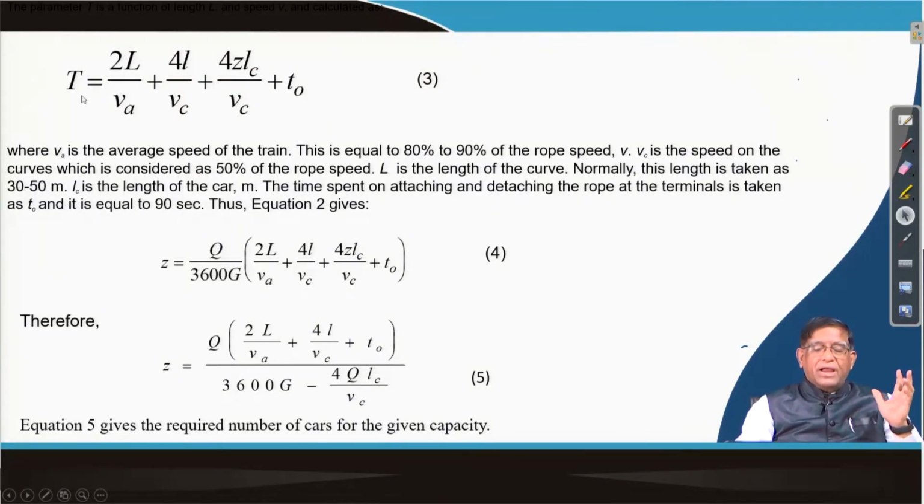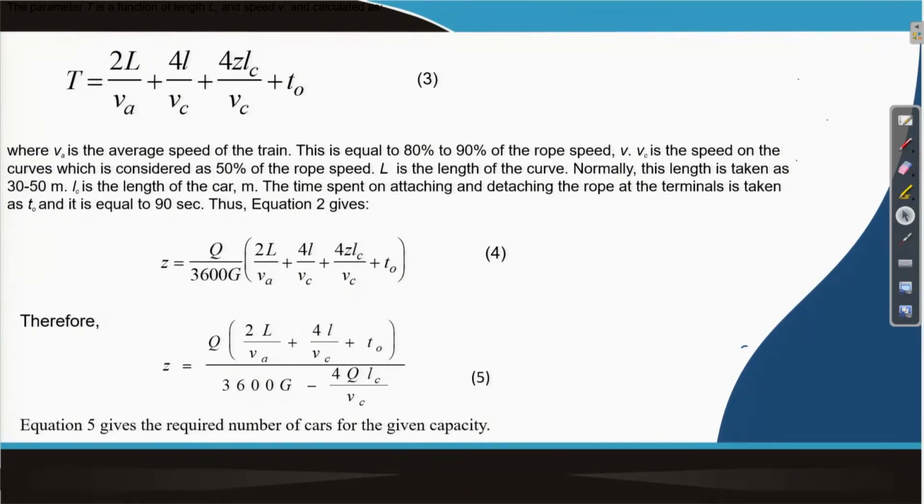The cycle time, that is how much time the trip will take, depends mainly on the average speed, and then the speed on the curve, because whenever it has to negotiate a curve, the speed will be different. So if you take the curve separately, then you can make these calculations.